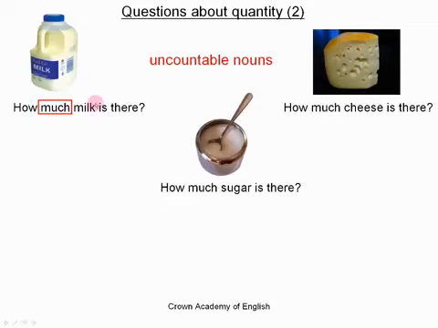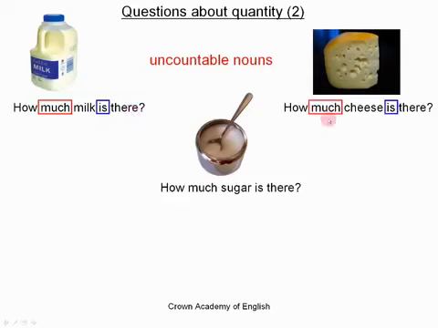And the noun, because it is an uncountable noun, the noun is always in the singular, and the verb is always in the singular. So this is the verb to be, and this is the third person singular of the verb to be. How much milk is there? And it is a question.